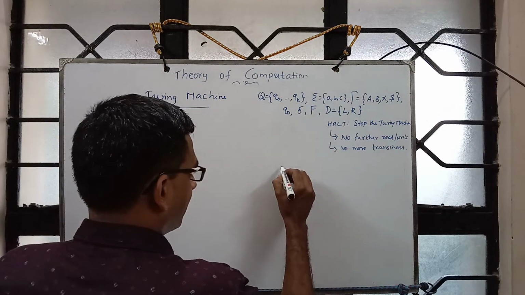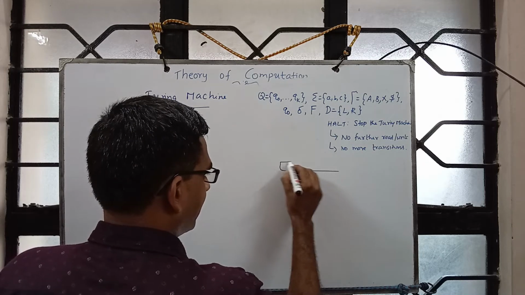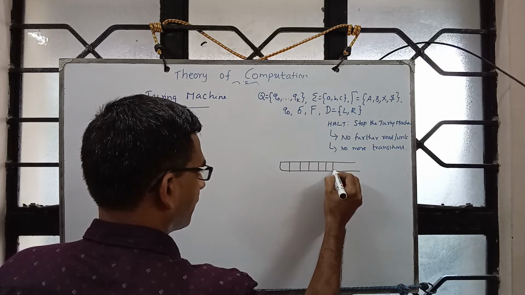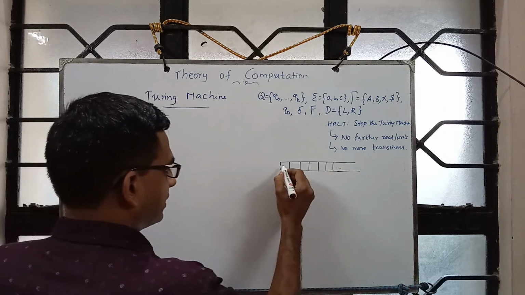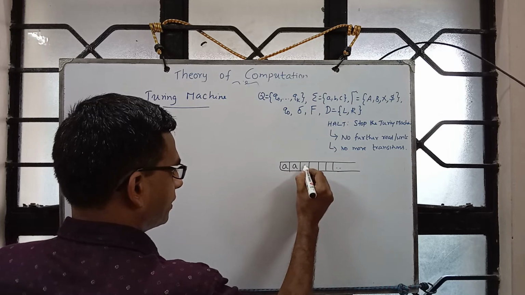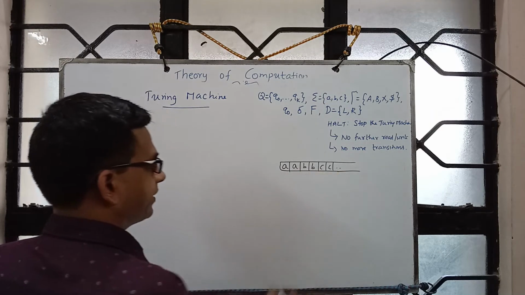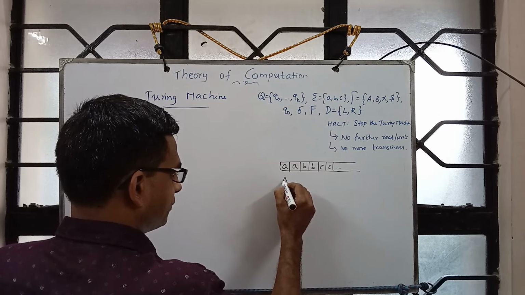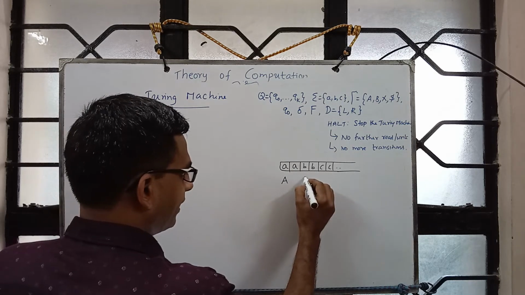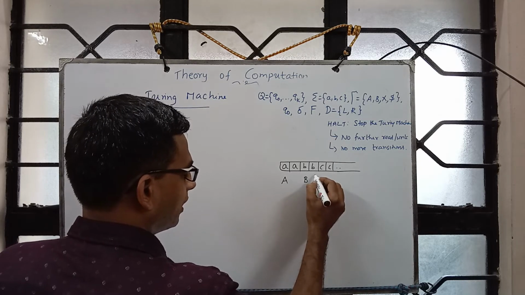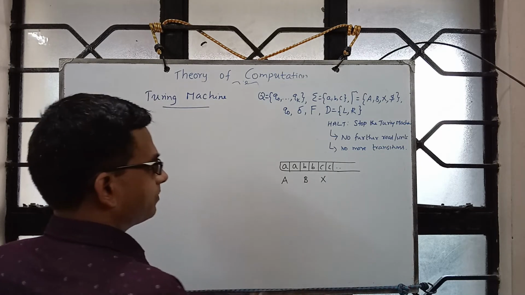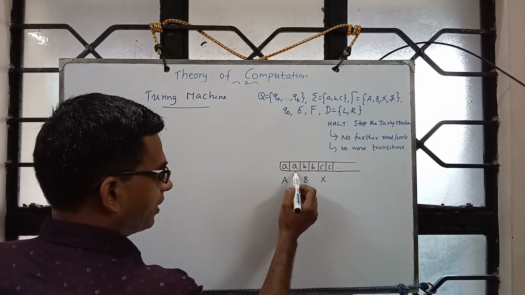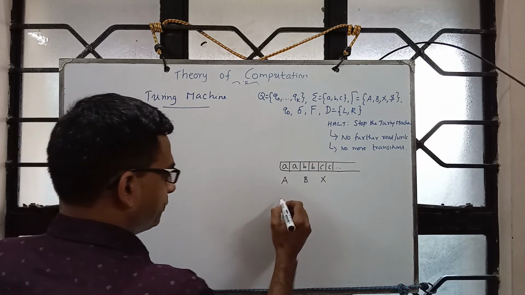So remember, you have this input tape. For this language, suppose you have a string like this, you can replace this by A, move right, replace this by B, move right, replace this by X. When you move, you can only move one cell at a time. You cannot jump.